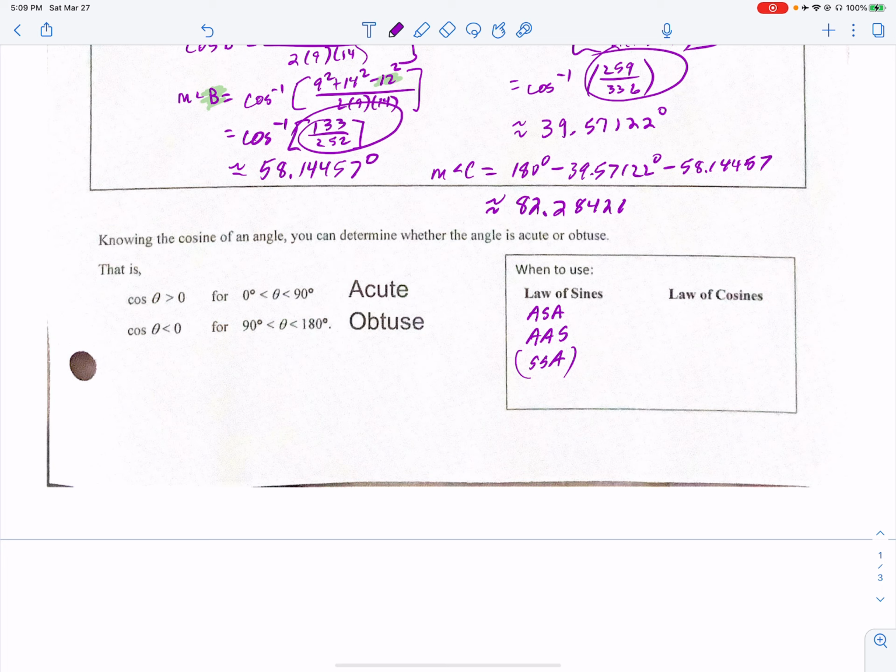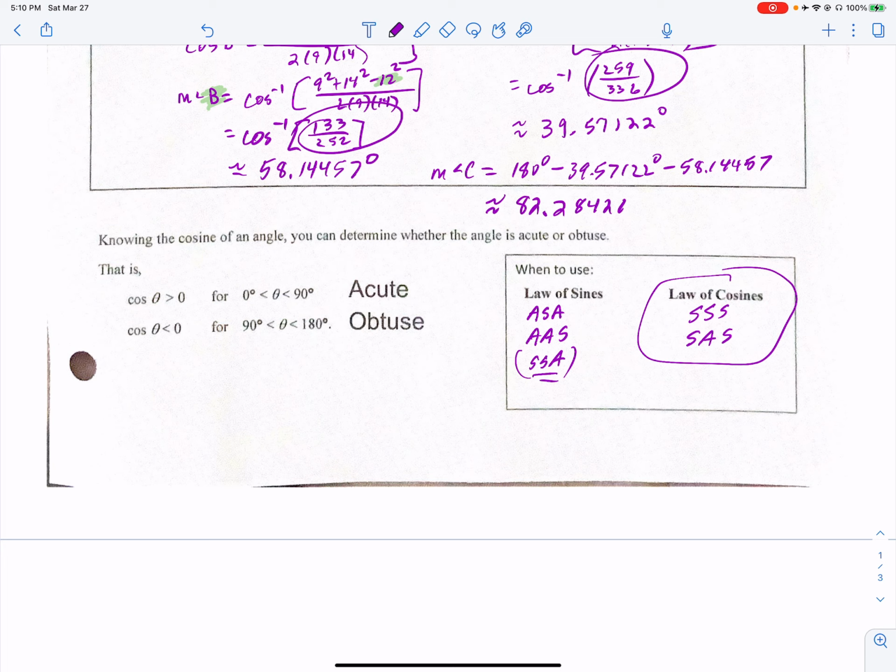We are not doing this, but just note that when this happens, sometimes there's something called an ambiguous case where there are 2 triangles, but we're not going to do that this year. So we won't be giving you any of those on the tests. Law of cosines: side, side, side, and side, angle, side. That's how you're going to choose whether to use law of sines or law of cosines. For these two, you don't have enough information to use law of sines.